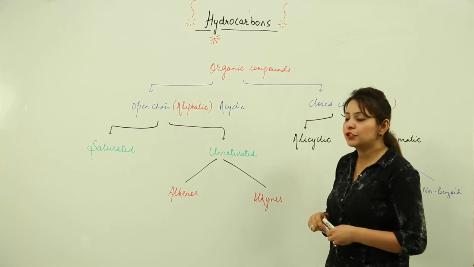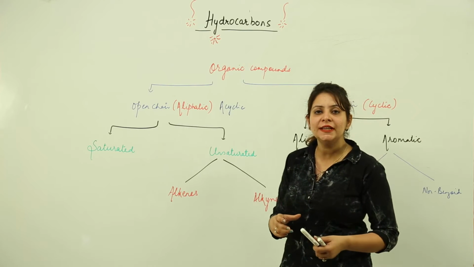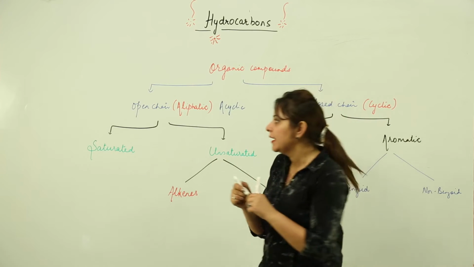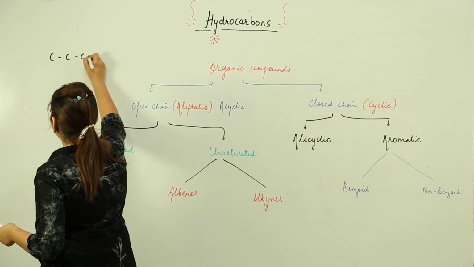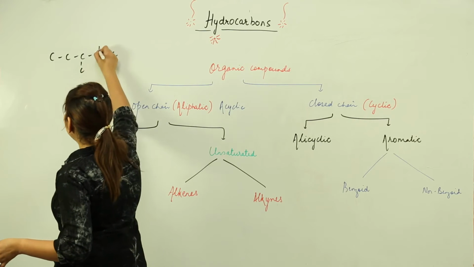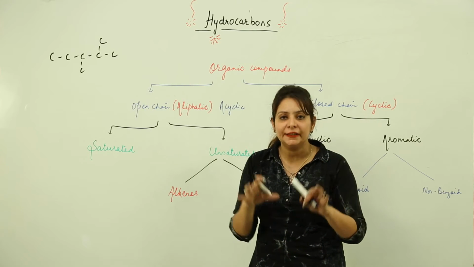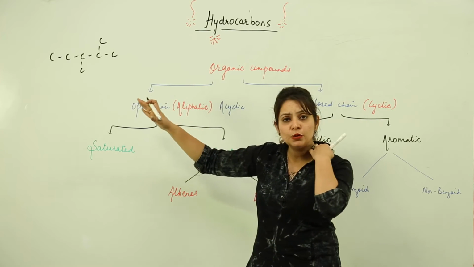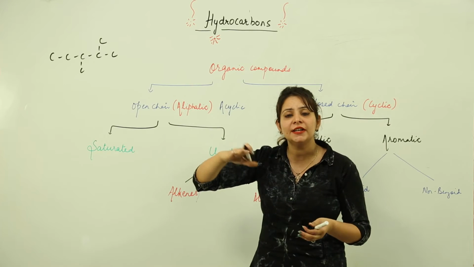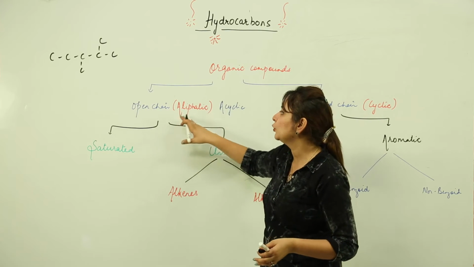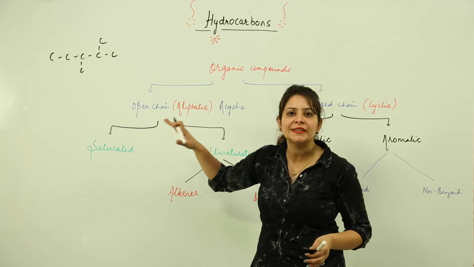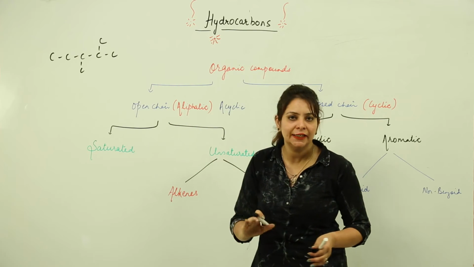As the name suggests, open chain means we are going to see only chains. These chains can be branched, but they will be only chains, they won't be connected to each other. So all those compounds which are either straight chain or occur in branches belong to the category of open chain, aliphatic, or acyclic compounds.